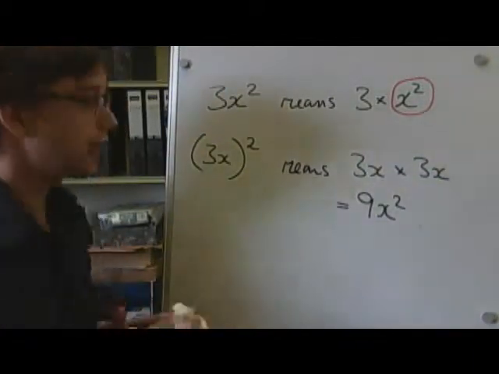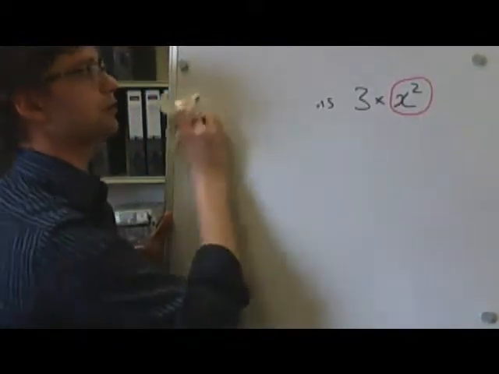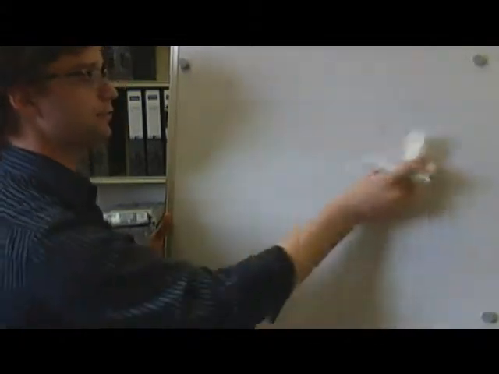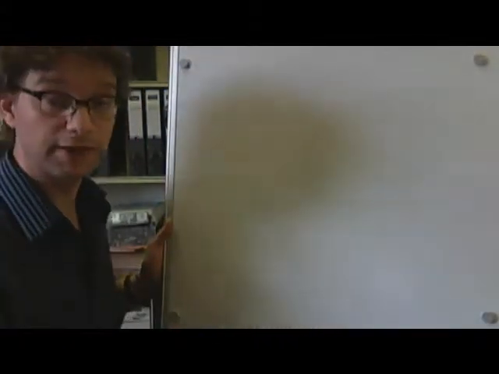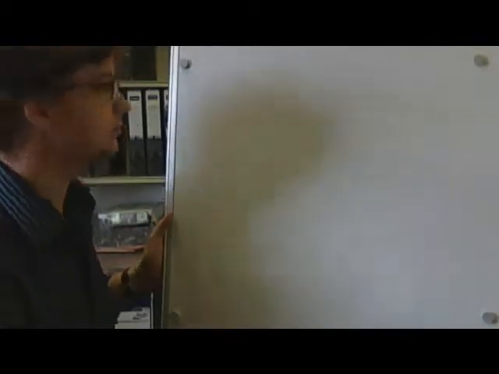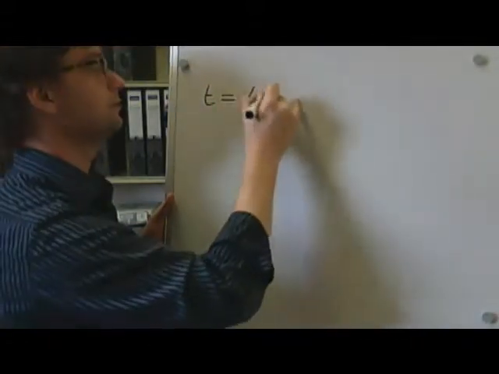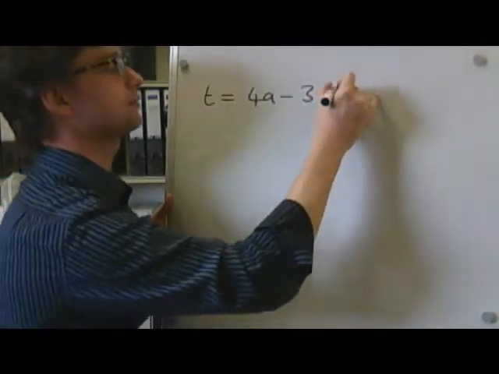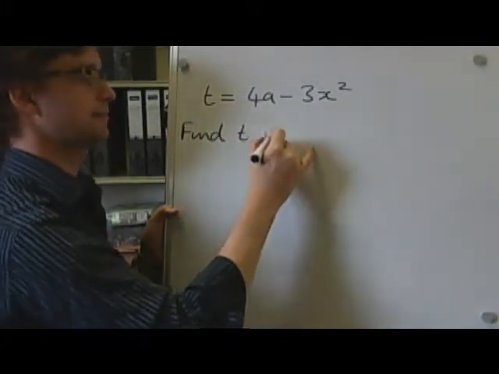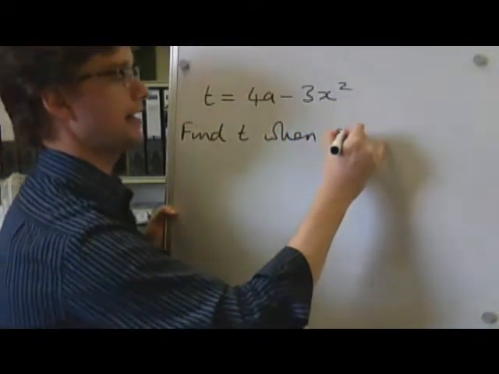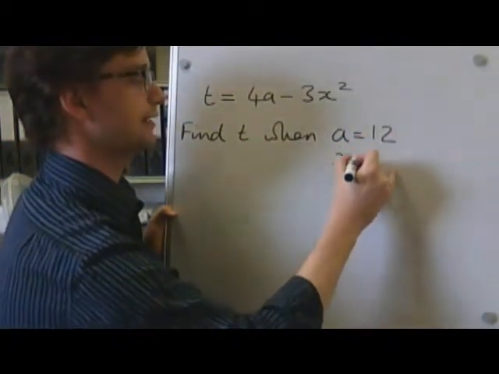The last thing to say in this little video is that if you've got an algebraic expression and you're given values for the variables or constants in that algebraic expression, you can evaluate it. So if we're told that t equals 4a minus 3x squared, we can find t when a equals 12 and x equals 2.